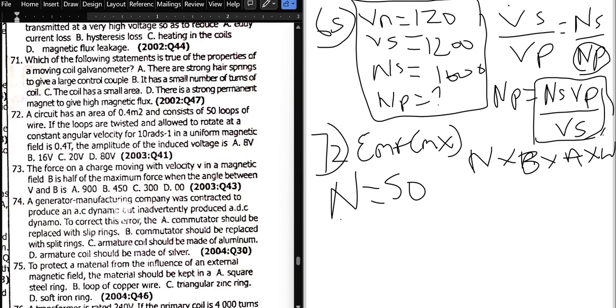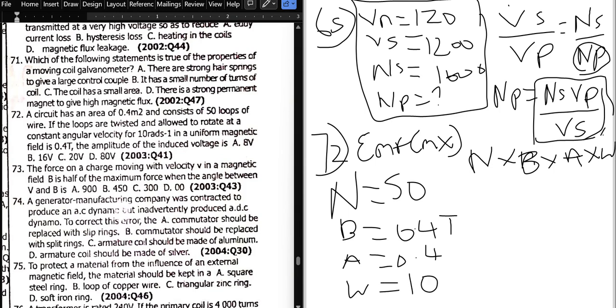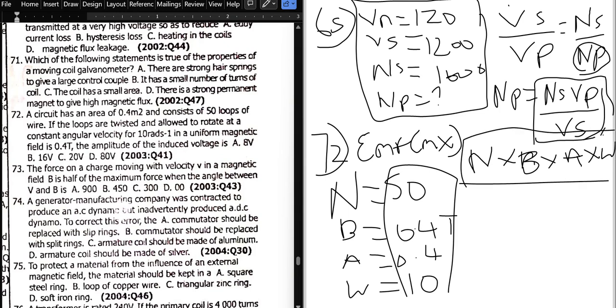What is B? B is 0.4 T. What is area? That's A. Area is 0.4 also. And what is your W? Angular velocity, that's your 10 rad/s. All right, so plug this into the formula, and you're good to go.